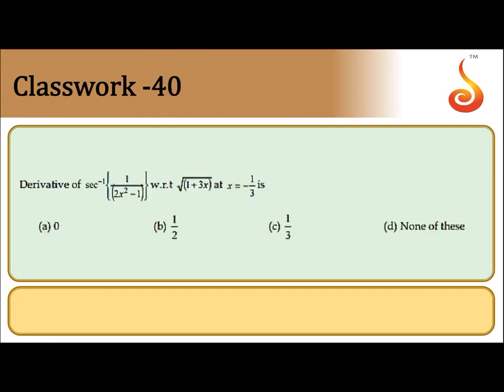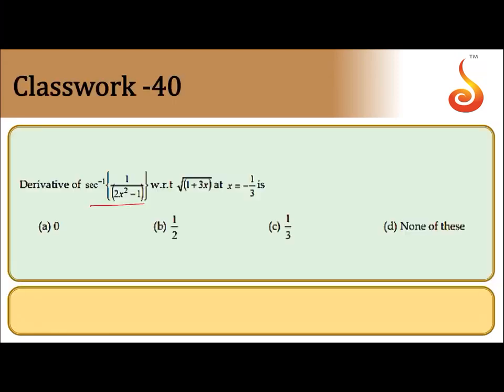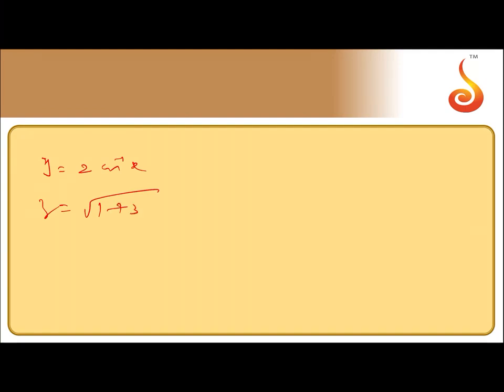Coming to next one. Of course, in the previous problem, this itself is nothing but actually 2 cos inverse x. So y is equal to 2 cos inverse x given, and z is equal to root of 1 plus 3x.